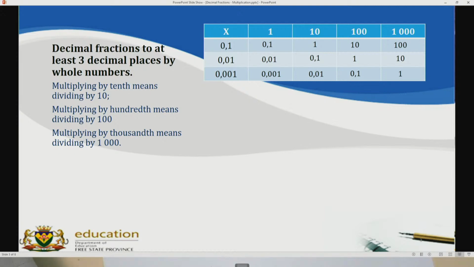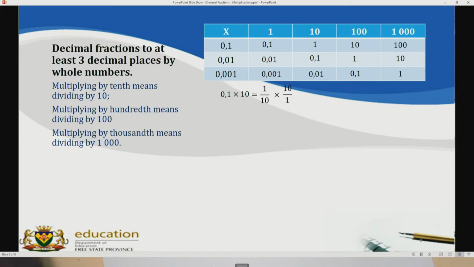Now let us see what is happening. Why are you getting these results? Because this is part and parcel of what we call mental maths, just mental calculations very quickly. We have 0,1 multiplied by, let us start here at 10, multiply by 10. What is happening there? It means 1/10 in common fraction multiplied by 10.